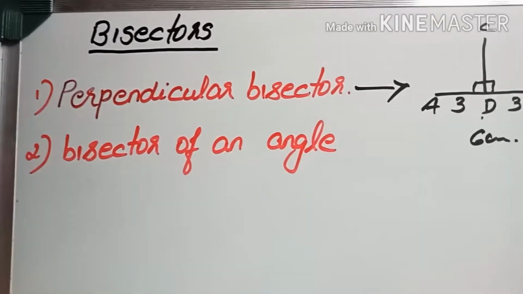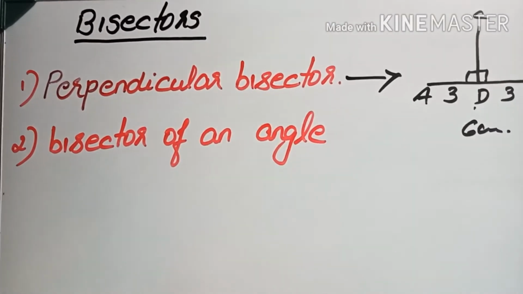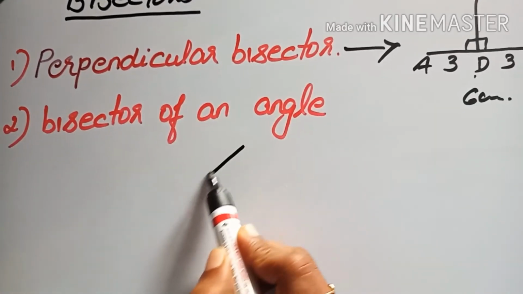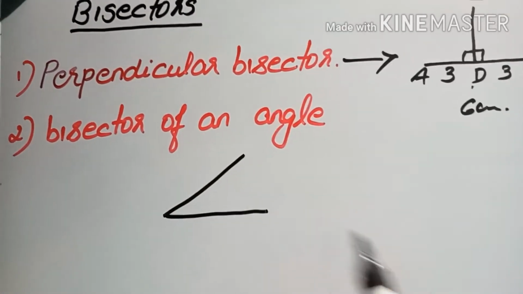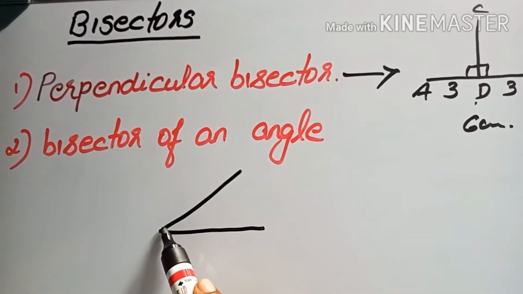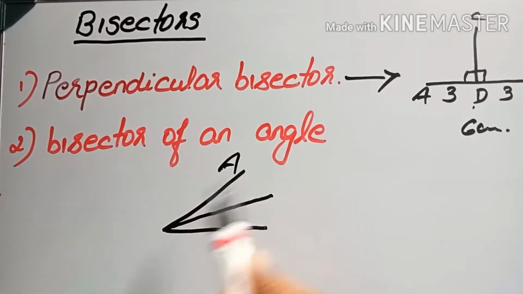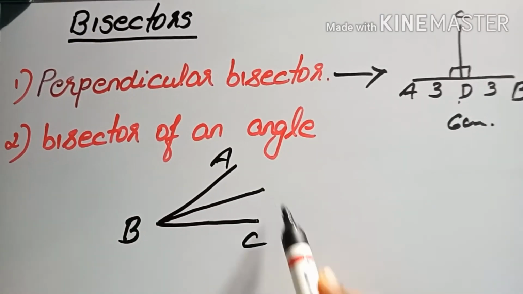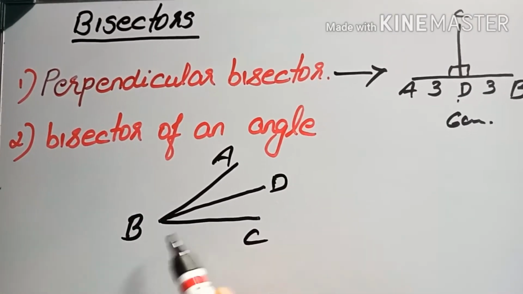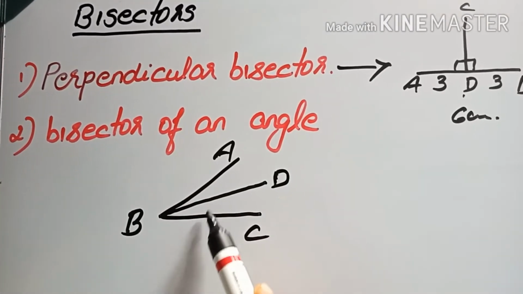Next is bisector of an angle. An angle also we can divide into two equal halves. For example, this is an angle. Okay, say example. If this angle is cut by a line, ABC is the angle, DB, the line DB cuts this angle ABC into two equal halves.